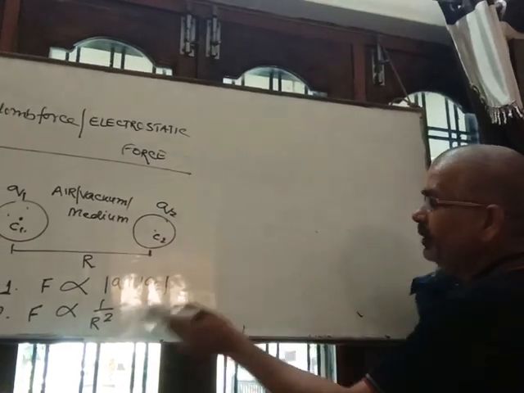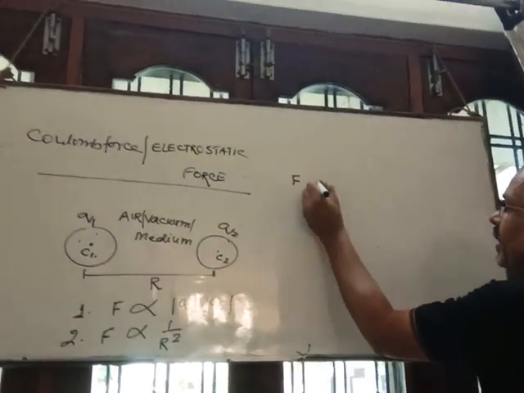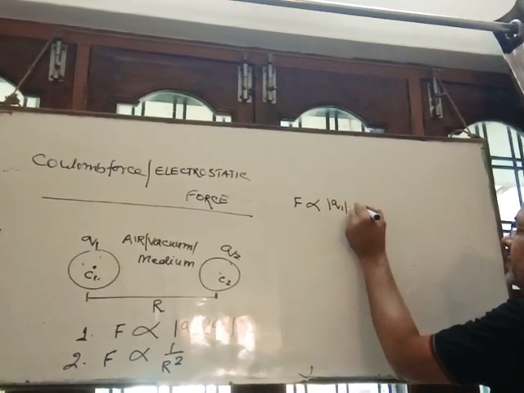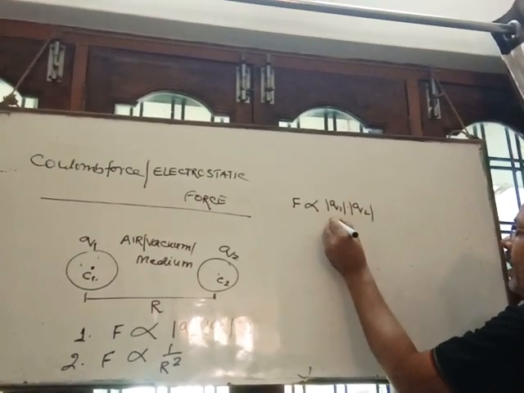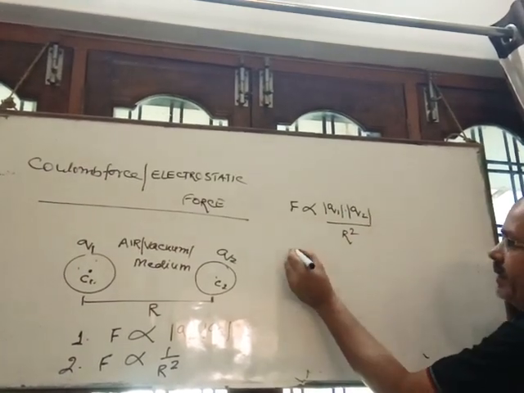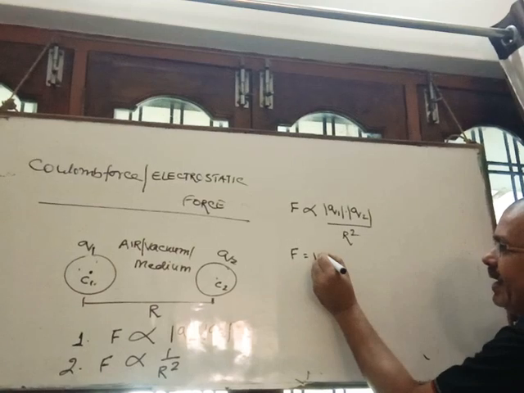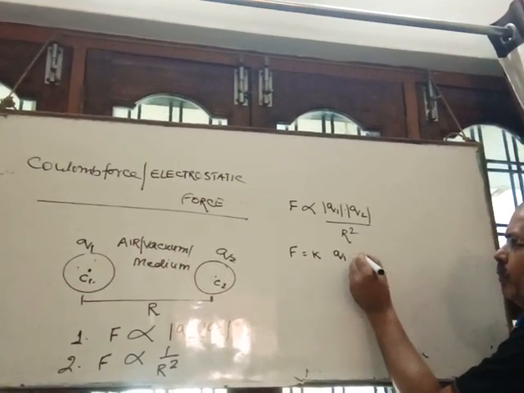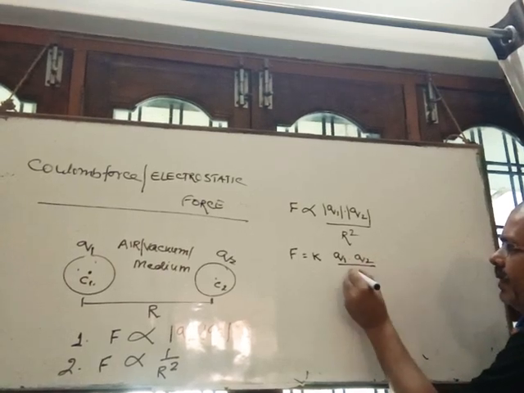If we combine these two relations, it becomes F proportional to Q1 Q2 by r square. Now take a proportionality constant, suppose it is K, and write F equals K mod Q1 Q2 by r square.